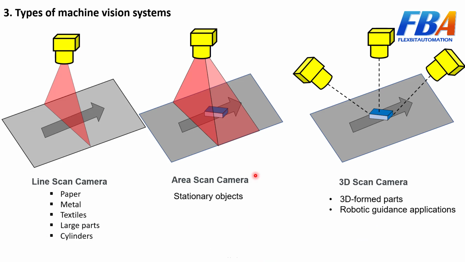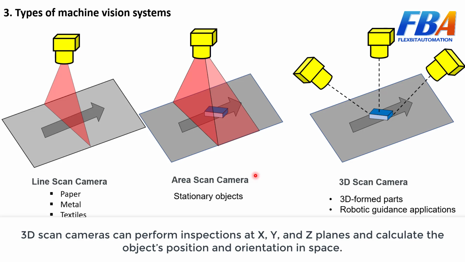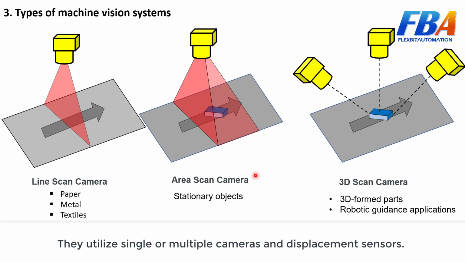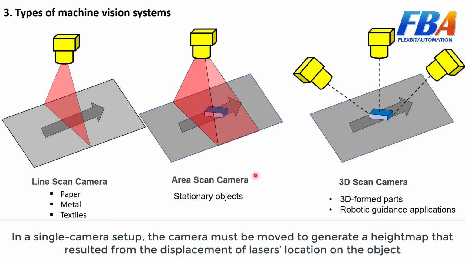And the third one is the 3D scan camera. A 3D scan camera can perform inspection in X, Y, and Z planes and calculate the object position and orientation in space. They utilize single or multiple cameras and a displacement sensor. In a single camera setup, the camera must be moved to generate a height map that results from displacement of the laser.